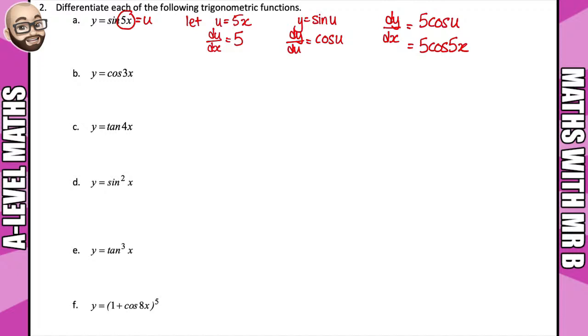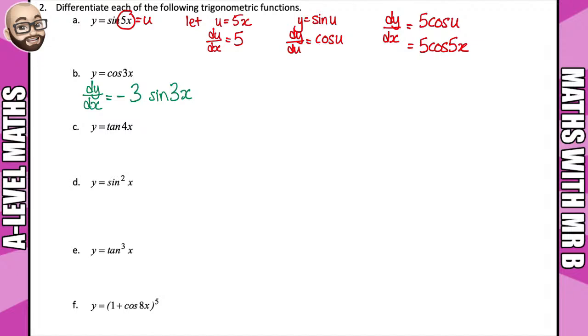So if we now try and do the second one here by that logic, we can say dy by dx is going to equal, so cos becomes negative sine, the angle stays the same, and we times this by the derivative of the angle. 3x derives to just 3.